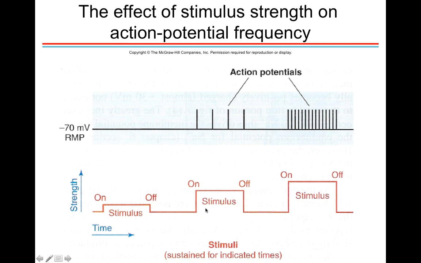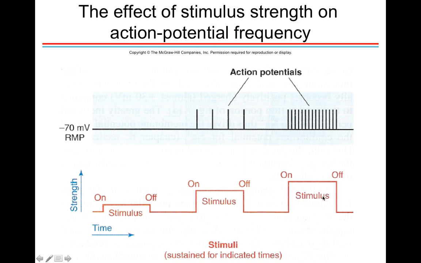If you get a stimulus that does hit the negative 60 and you keep it on for a period of time, you will trigger an action potential. So for example, you're getting 1, 2, 3, 4 action potentials with this particular stimulus. That would be, again, increasing the membrane potential to be higher than the resting potential of negative 70.